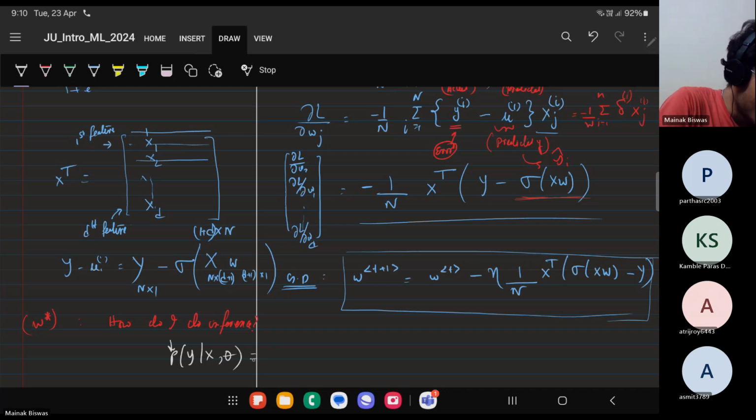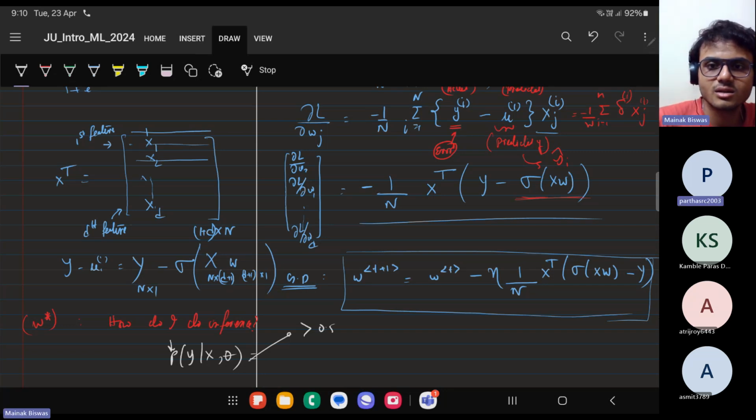If it is greater than 0.5... yi is the actual yi, right? That is the training actual data. Mu i is a probability.